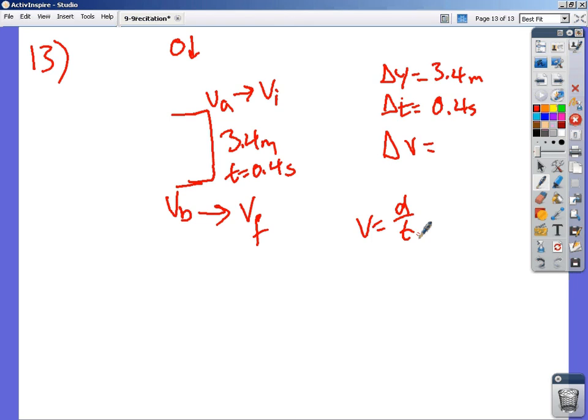It's free falling on Earth. We're looking for the initial velocity. Once again, we know this doesn't change. And we know the time it takes to fall past the window is 0.4 seconds. That doesn't change.